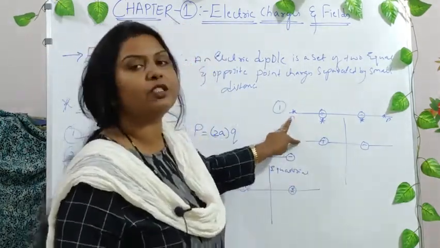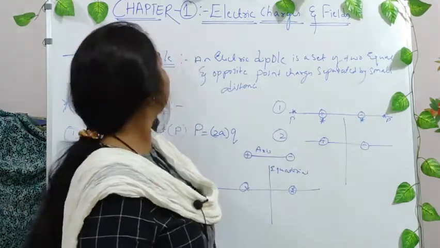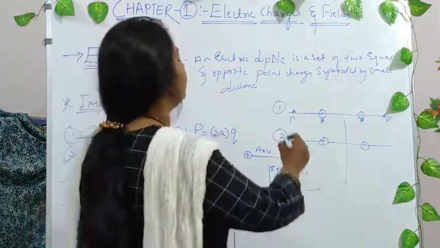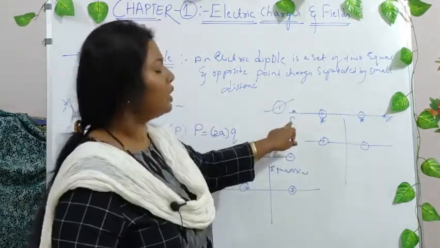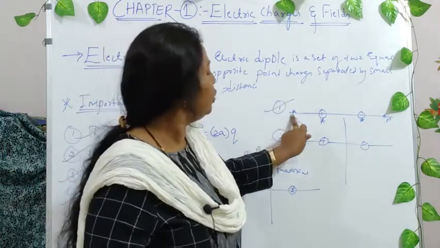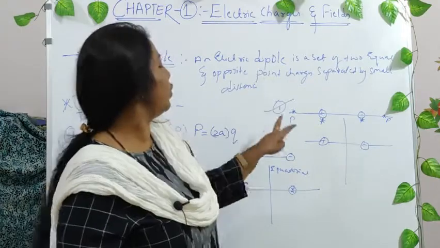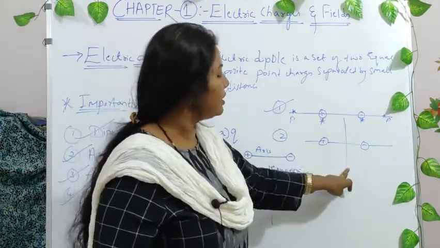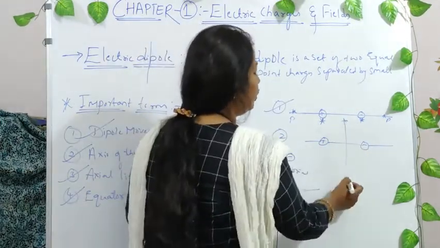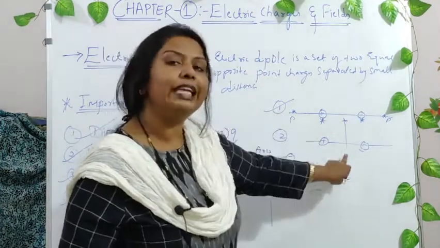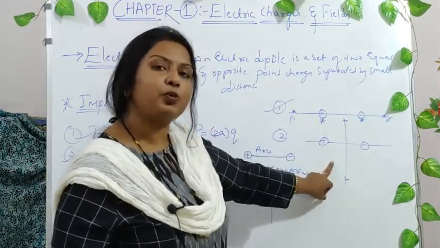These two conditions form an important part of the electric dipole. Now let us learn one by one. First, what is the electric field at a point P when it is kept on the axial line, and in the next derivation, what is the electric field at a point P, it could be here, it could be here, when kept on the equatorial line. Is this clear up to this point?